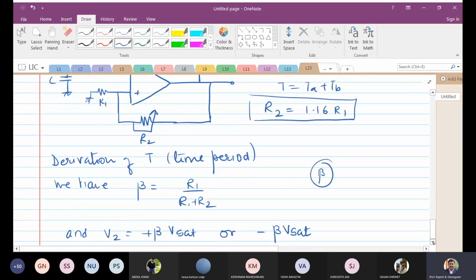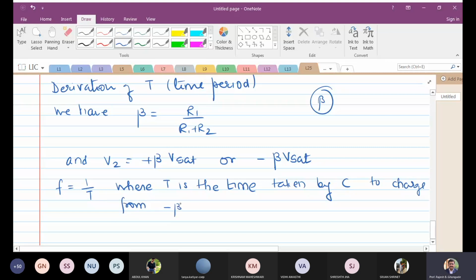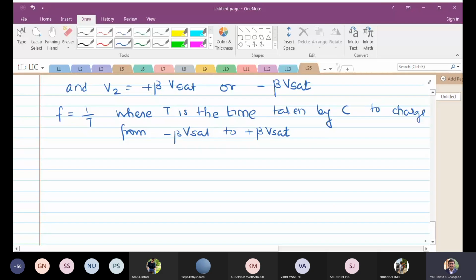So we can say the frequency is determined as 1 upon T, where T is the time taken by the capacitor to charge from minus beta Vsat to plus beta Vsat. So that is how we are going to determine the period.